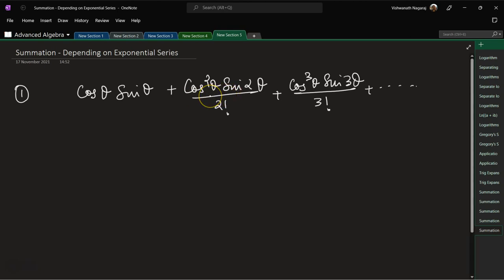We can treat it as a sine series because we have sine theta, sine 2 theta, sine 3 theta. So let's say S is equal to this.